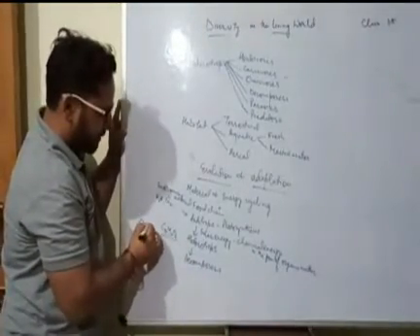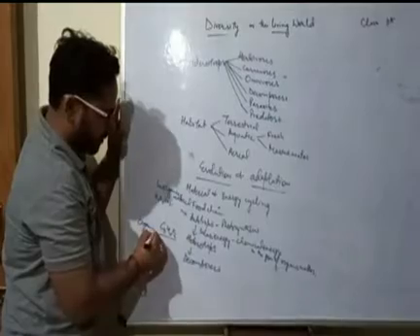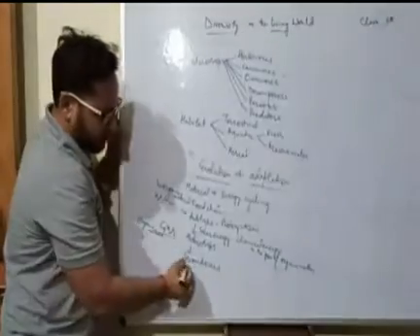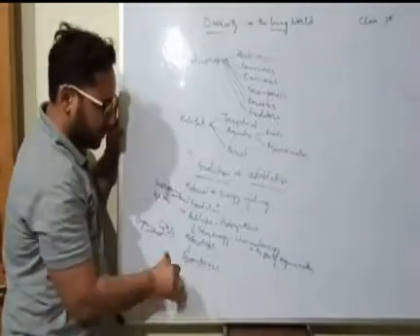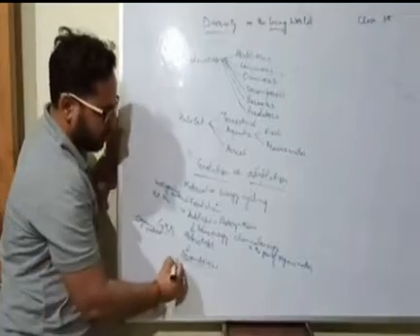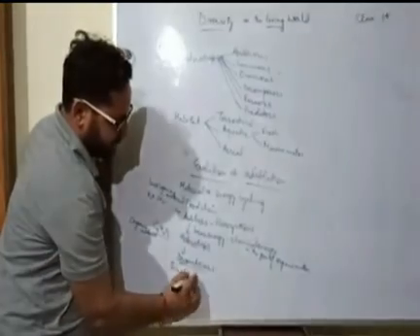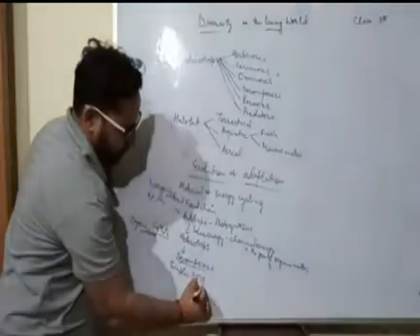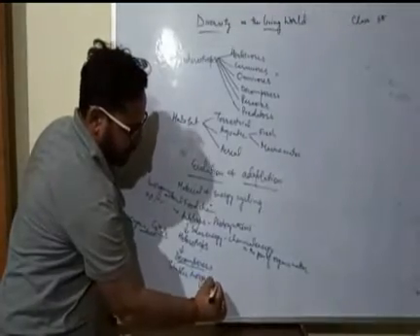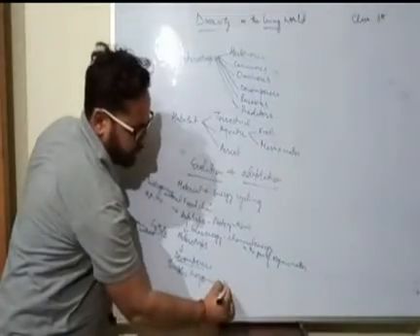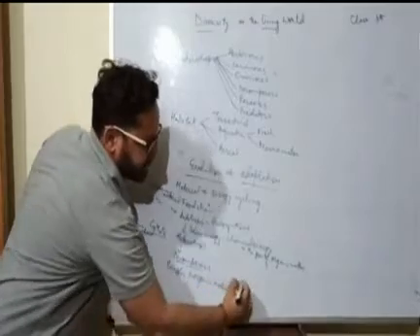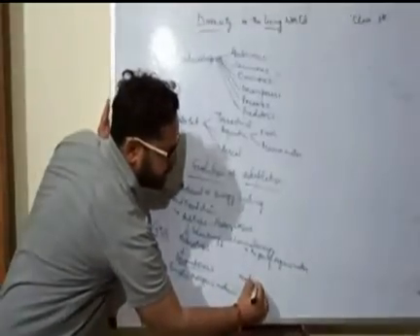This is organic material. Decomposers further convert them into simpler inorganic material, and hence there is a material cycling.